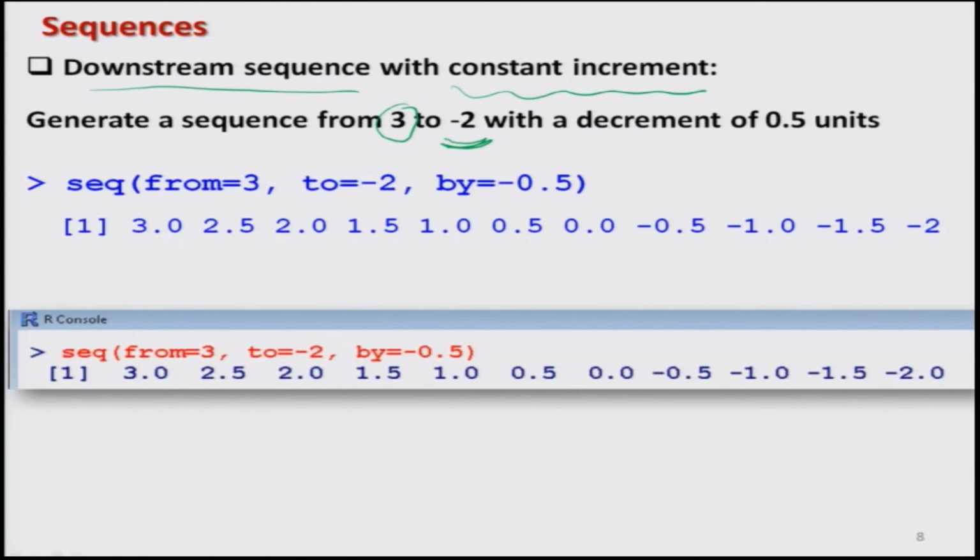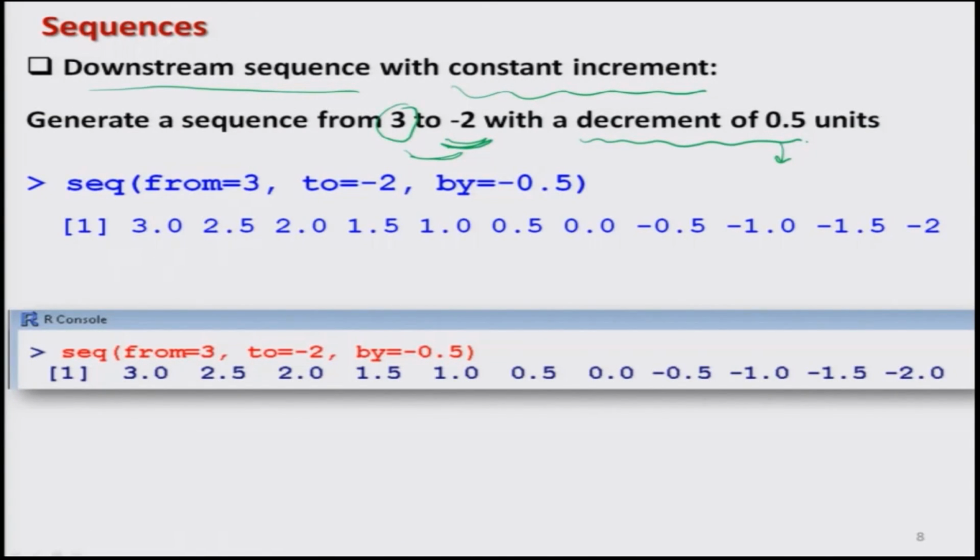That is a decreasing sequence, and there is going to be a decrement of 0.5 units. So there are two things which I would like to show you through this example. Number one, these values from and to can be negative integers also, and this increment need not always be in an integer form, this can be a fraction also.